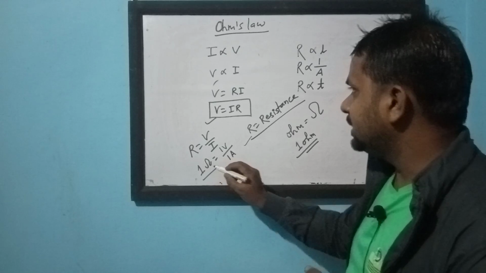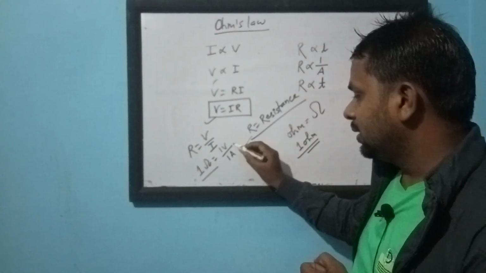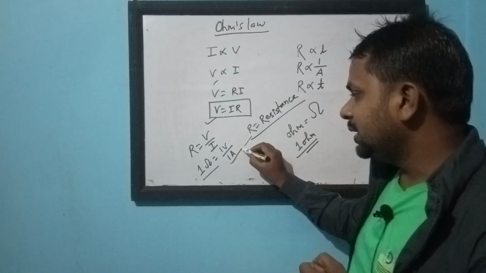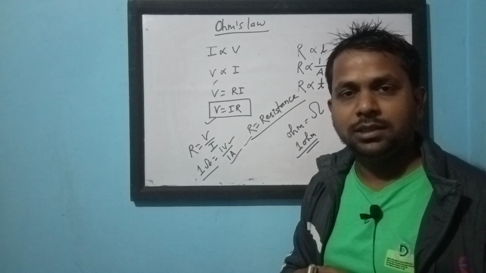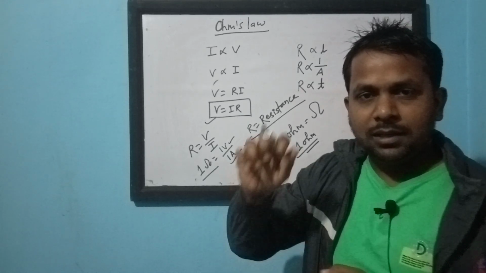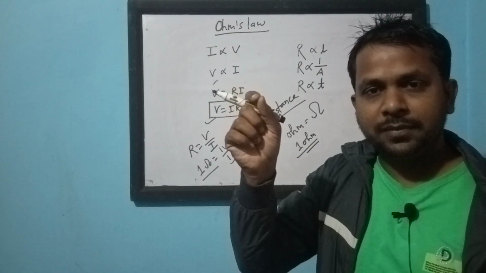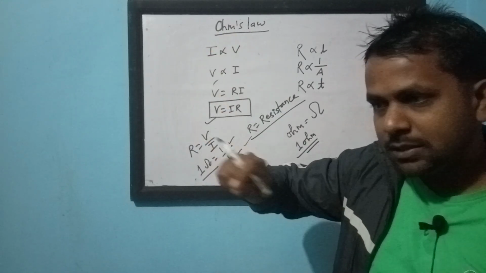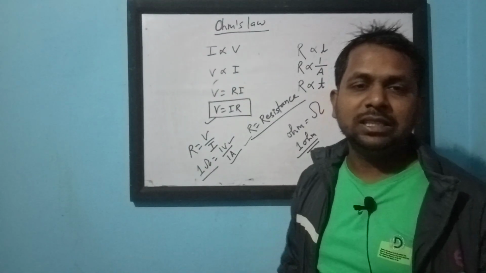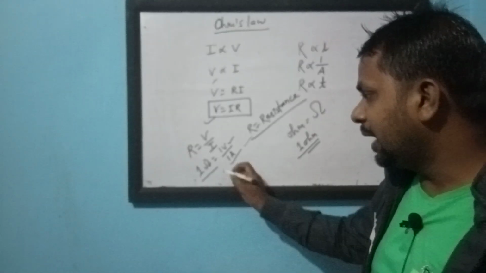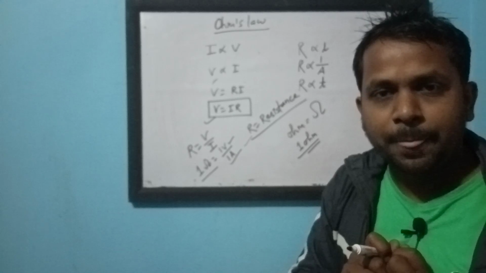1 ohm is the resistance present in the wire if 1 ampere current is flowing and the potential difference is 1 volt in that circuit. The resistance present in the wire or conductor, if 1 ampere current is flowing and 1 volt potential difference is present, the value of resistance in that wire is 1 ohm.